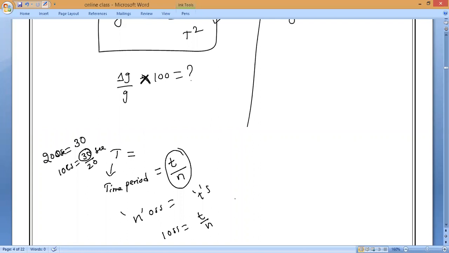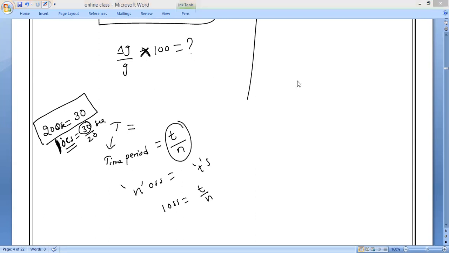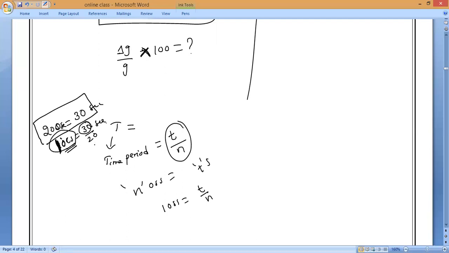You understood or not? Can I repeat once again? They have given in the question 20 oscillations is equal to 30 seconds. Now I want the time taken to complete one oscillation. If they are giving 20 oscillations is equal to 30 seconds, then one oscillation is 30 by 20 seconds.